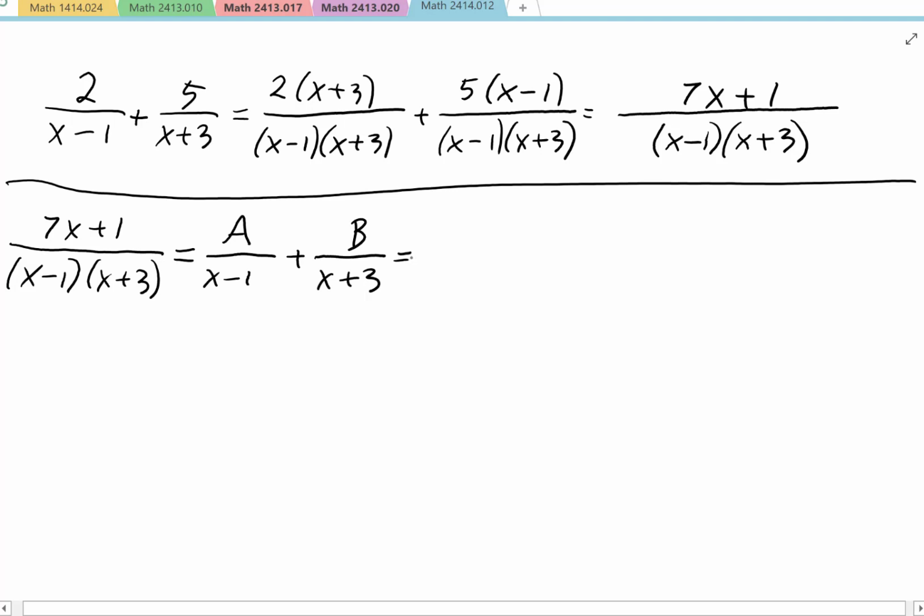And to do that, we're going to get common denominators, just like we did above. And we're going to multiply the top and bottom of the first fraction by x plus 3, and multiply the top and bottom of the second fraction by x minus 1.